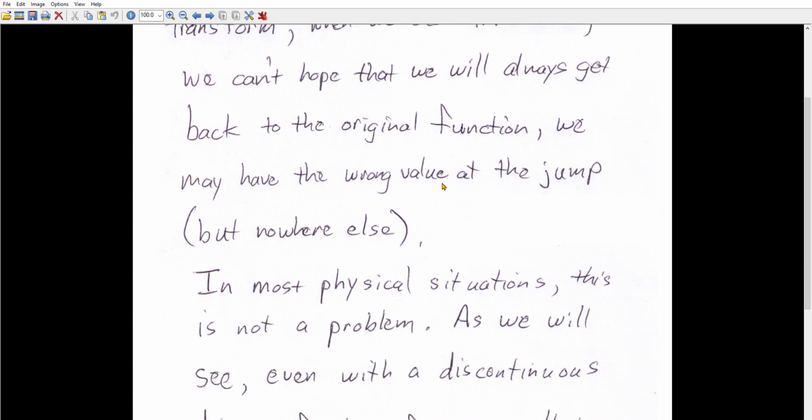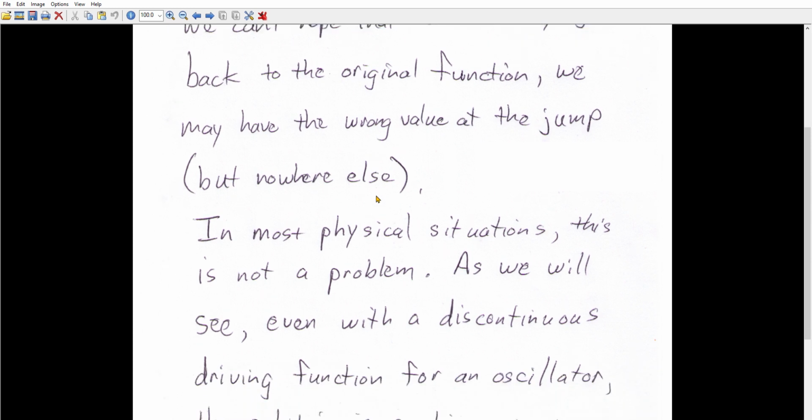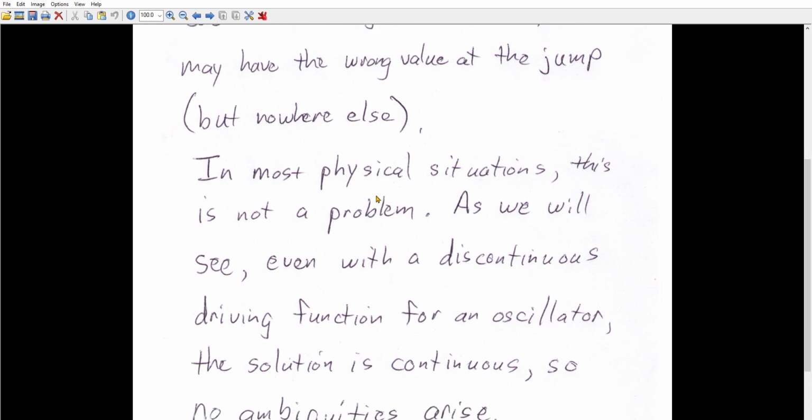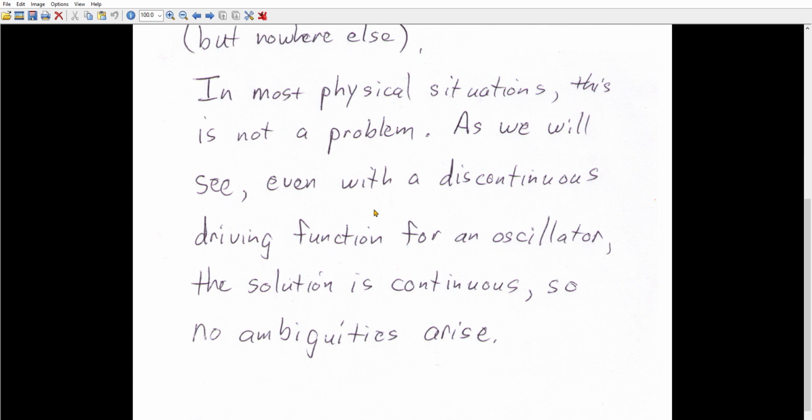So we might get the wrong value at the jump when we back transform, but no place else. In most physical situations, this is really not a problem, as we will see, even with a discontinuous driving function. For an oscillator, the solution we get is continuous, so there are no ambiguities arising about a function value at a particular point.